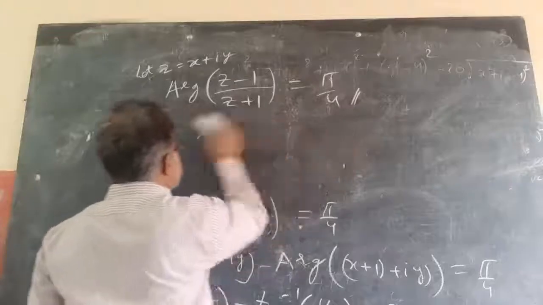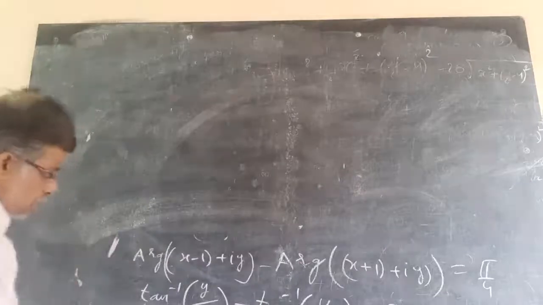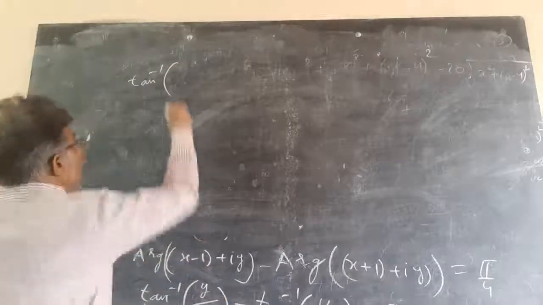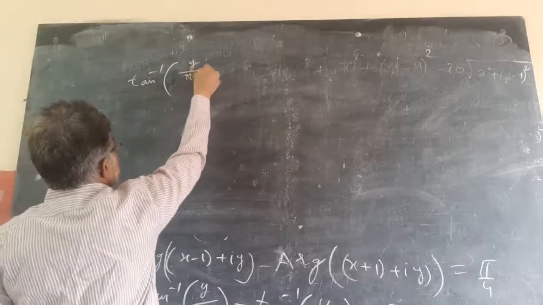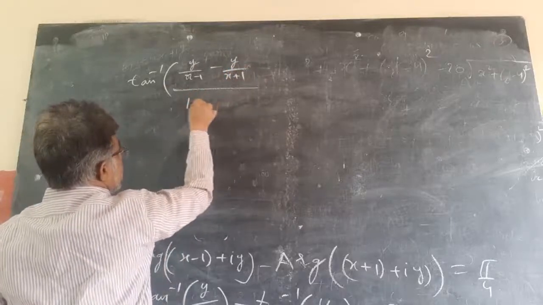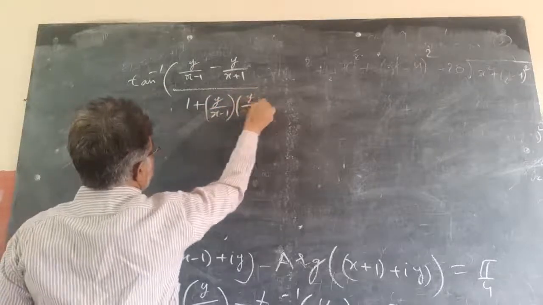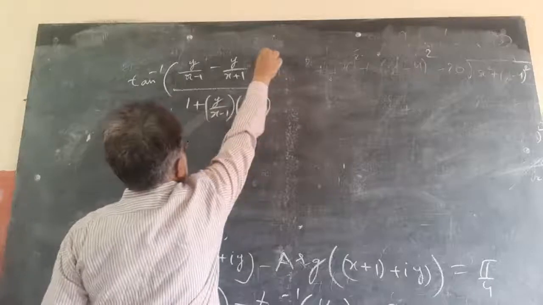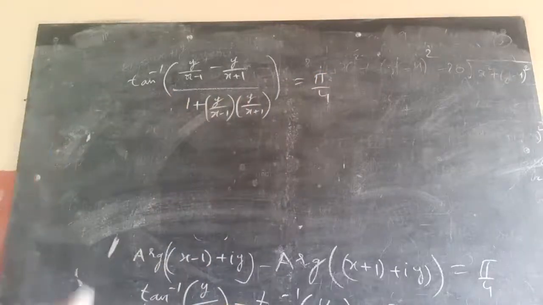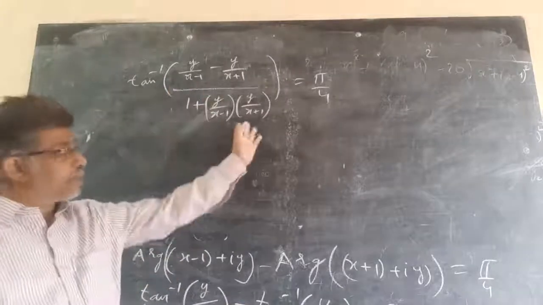So A minus B means y by (x minus 1) minus y by (x plus 1), by 1 plus y by (x minus 1) into y by (x plus 1), equal to pi by 4. This is simply the tan of A minus B formula.